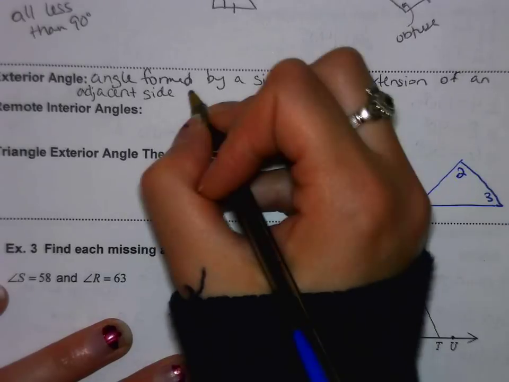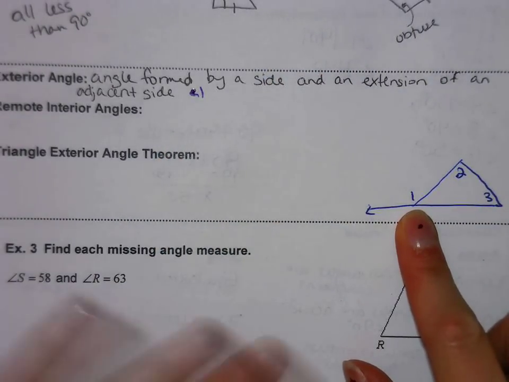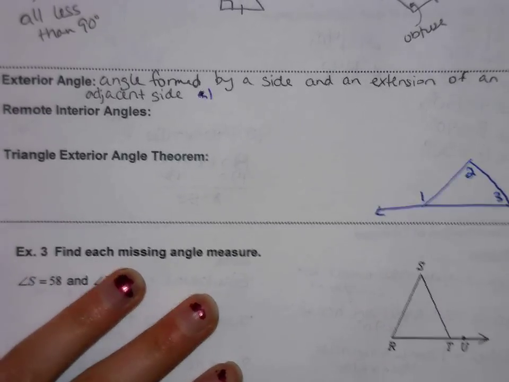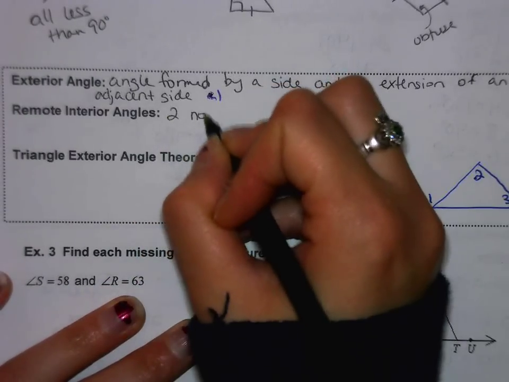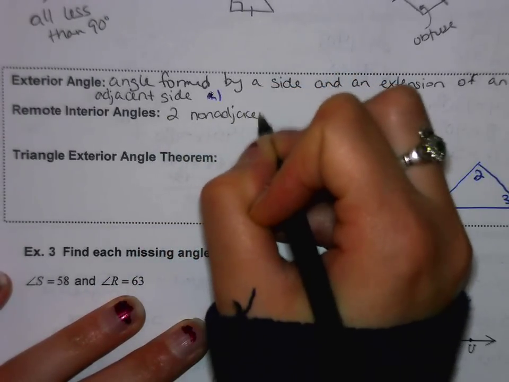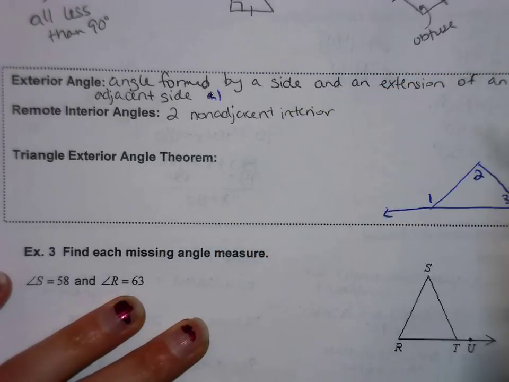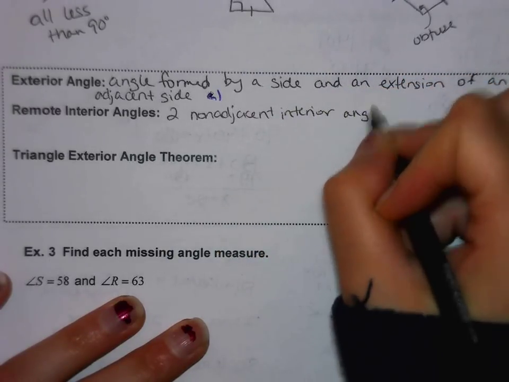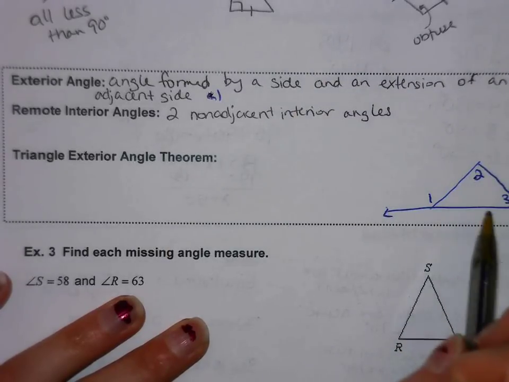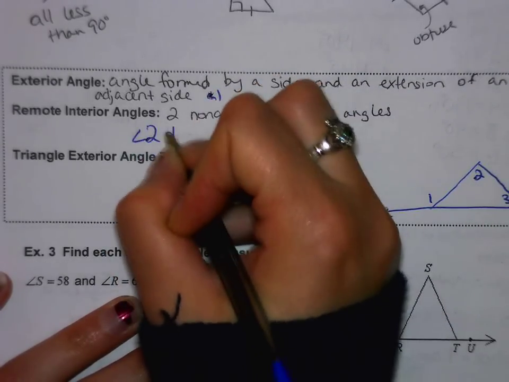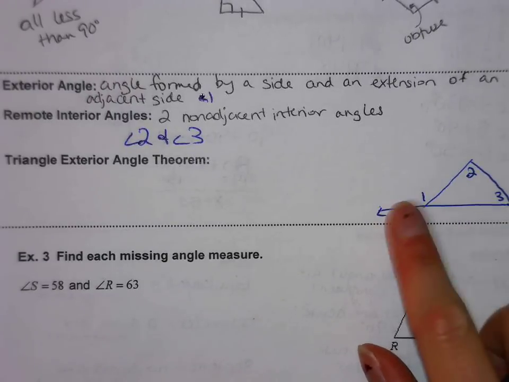Angle 1 is our exterior angle because it's on the outside of our triangle. Remote interior angles are two non-adjacent angles, meaning they are not touching the exterior angle, and they're inside angles. In this picture, angles 2 and 3 are our remote interior angles. They are inside and not touching angle 1.